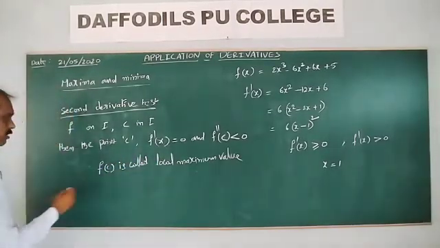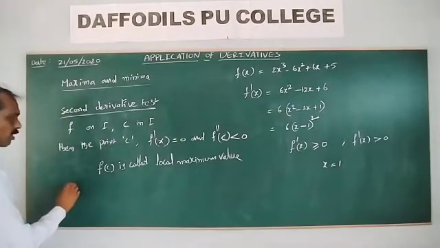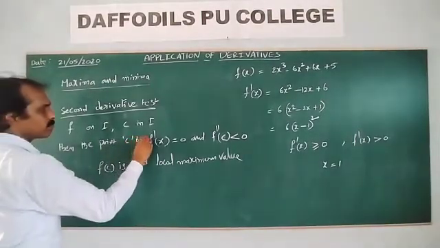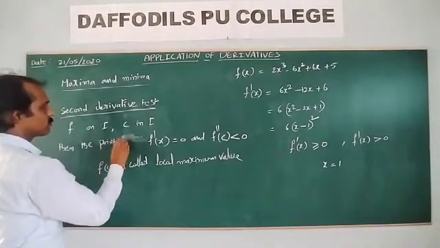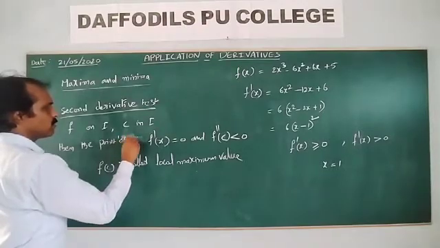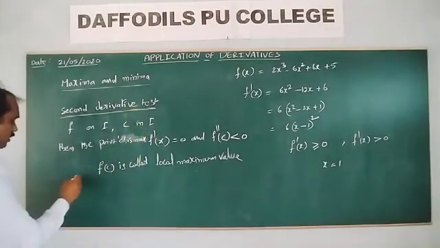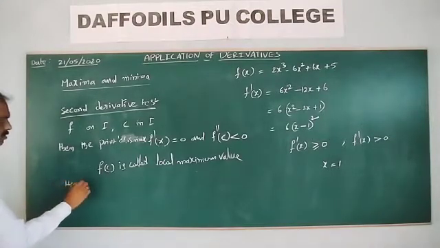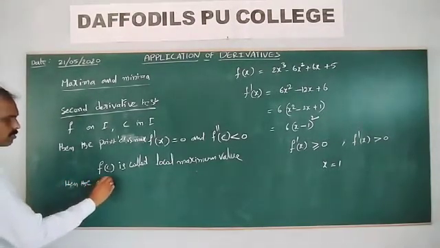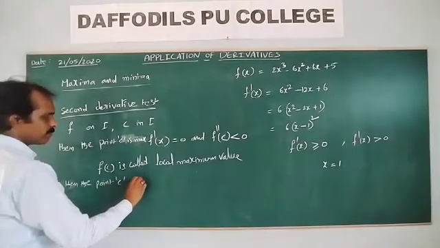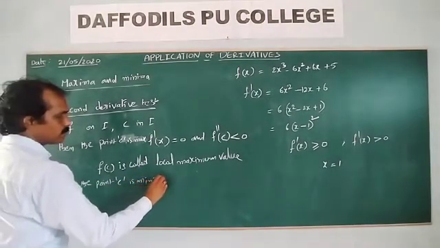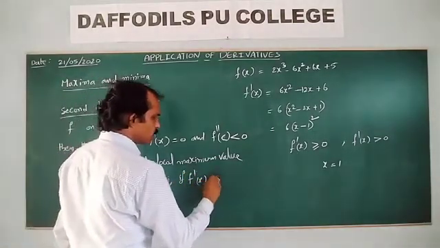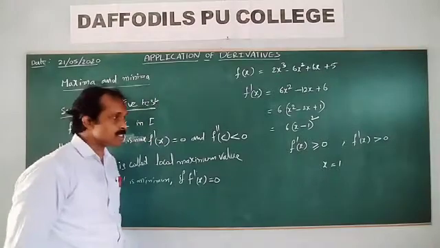Okay, right? Then the point C is maximum. Then the point C is minimum. If f dash x is equal to 0, then we get critical points.